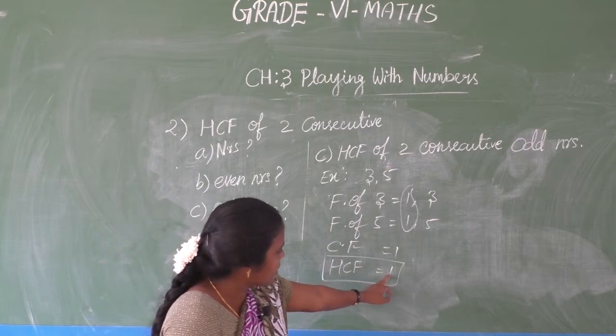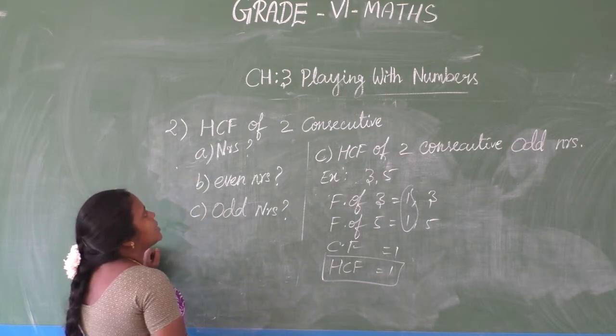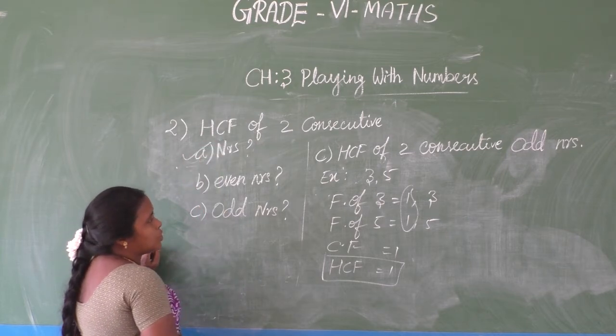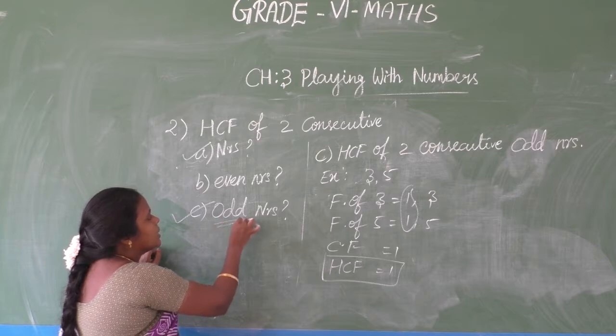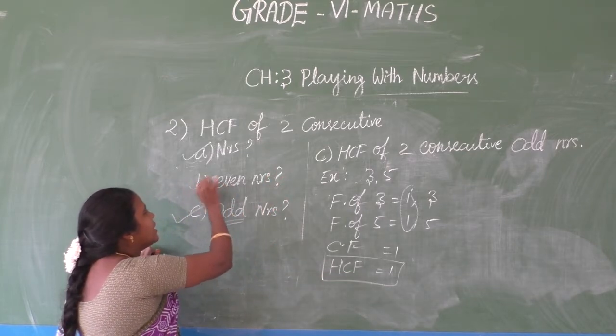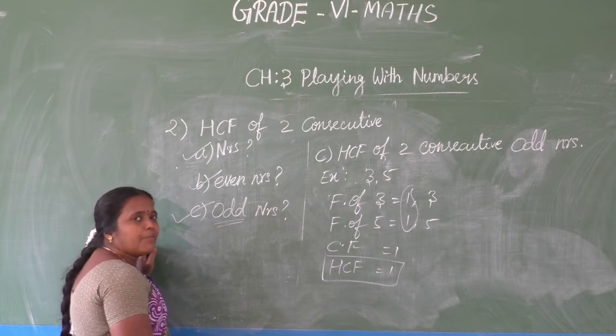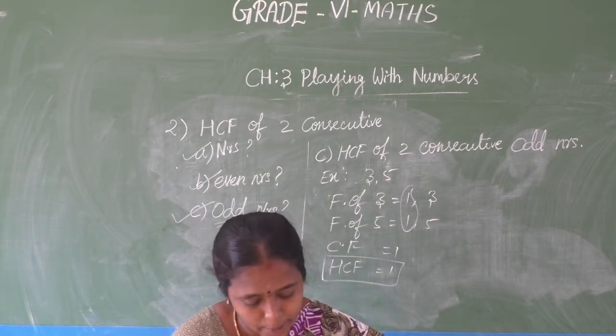What is the answer for that? 1 only. So among the 3 categories, for any 2 consecutive numbers and any 2 consecutive odd numbers, HCF is always 1. But consecutive even numbers have HCF 2. Understood? That's all. Exercise 3.6 over.